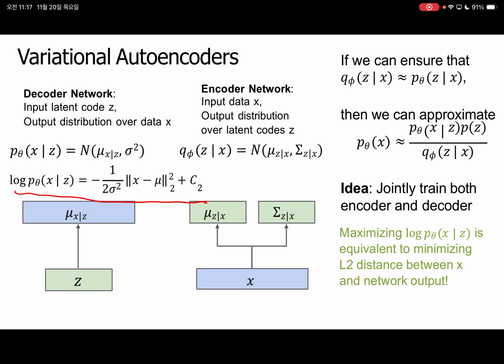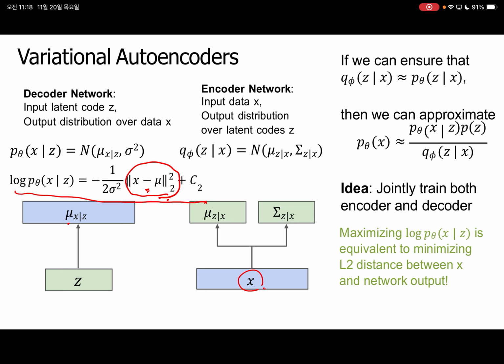And then how can we maximize this? By minimizing this one, right? Minimizing this one means making the sampled mu and x as close as possible, right? That is reconstruction loss.